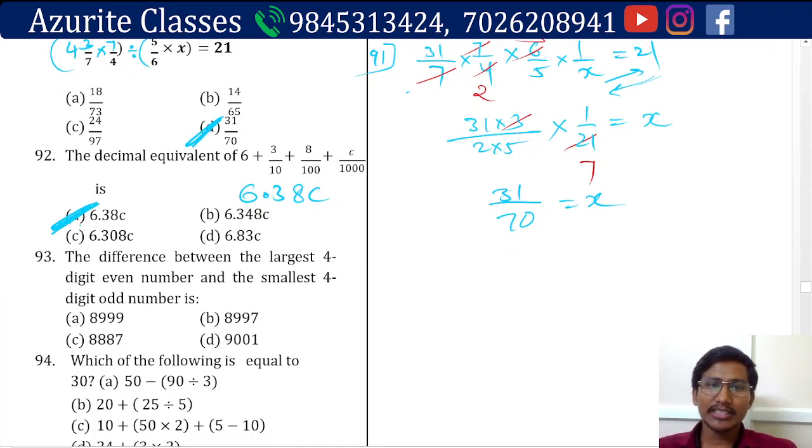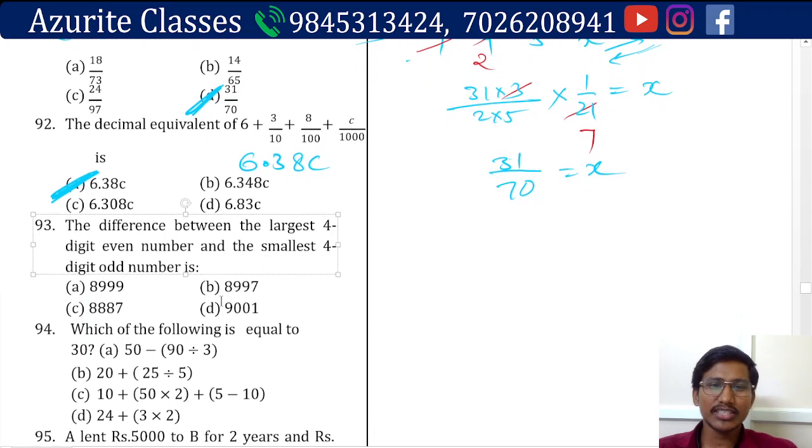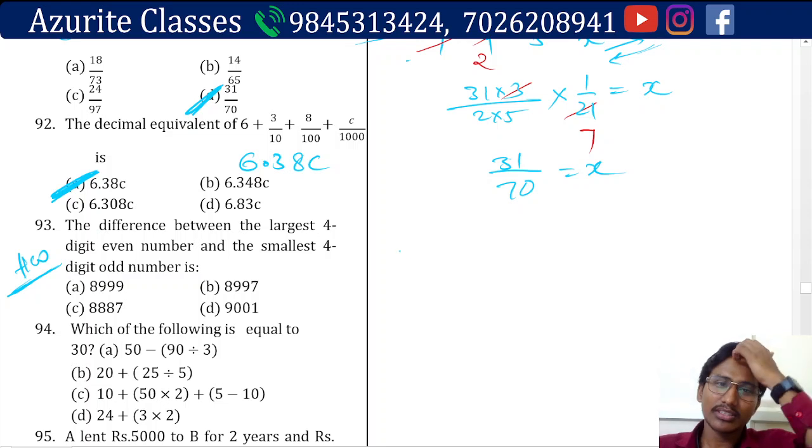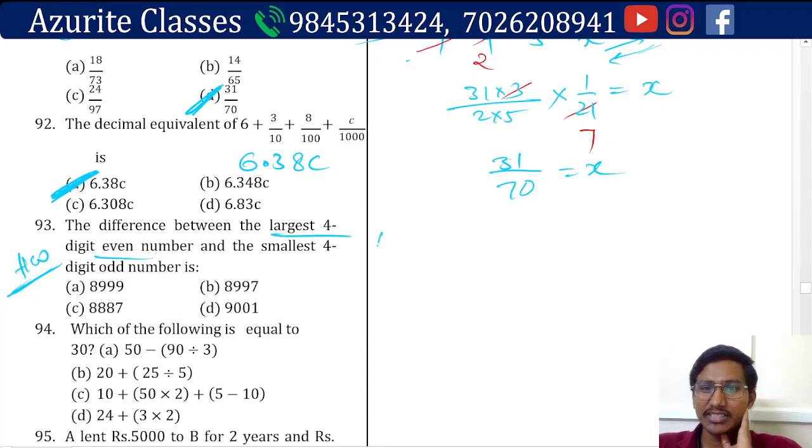Question 93: the difference between the largest 4-digit even number and the smallest 4-digit odd number. You do this as homework. Which is the largest 4-digit even number?